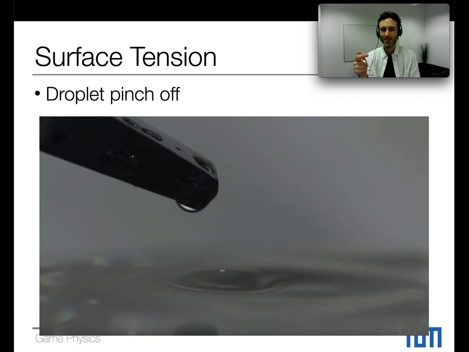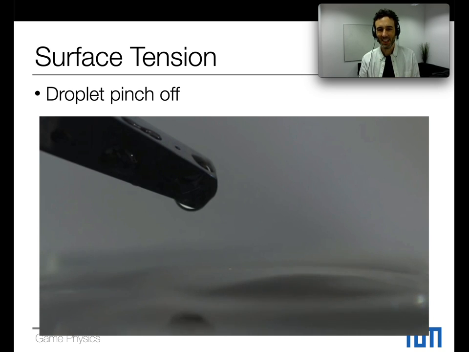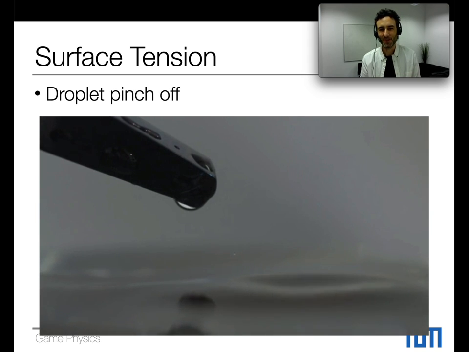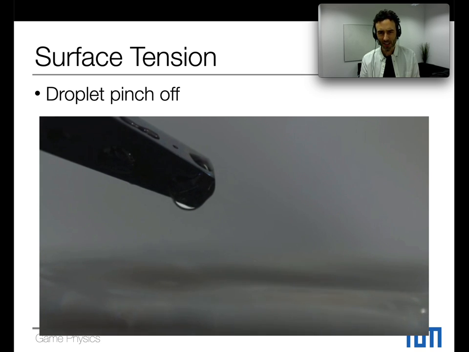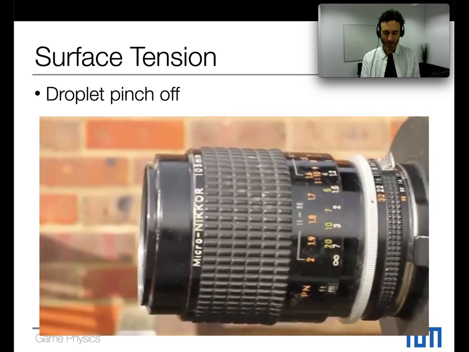And nicely enough, this also got absorbed, but there's still a tiny bit left, and even a fourth tiny droplet forming afterwards. And this is now bouncing around. I think it's even yet another one. So this is a good example of surface tension.